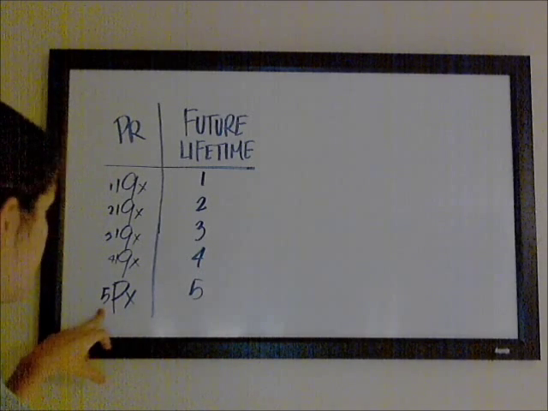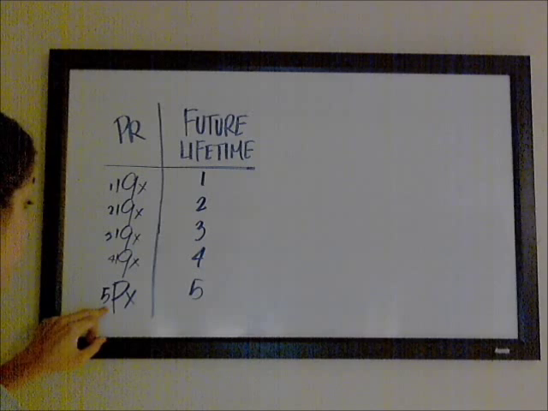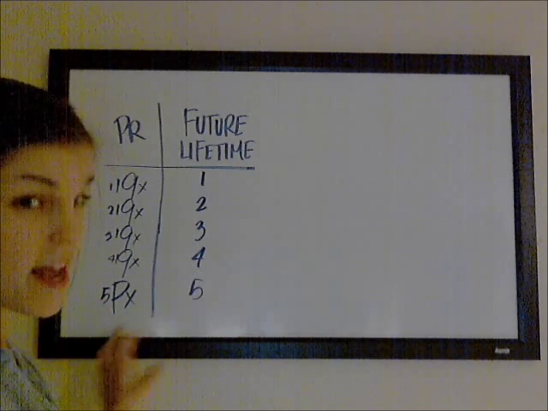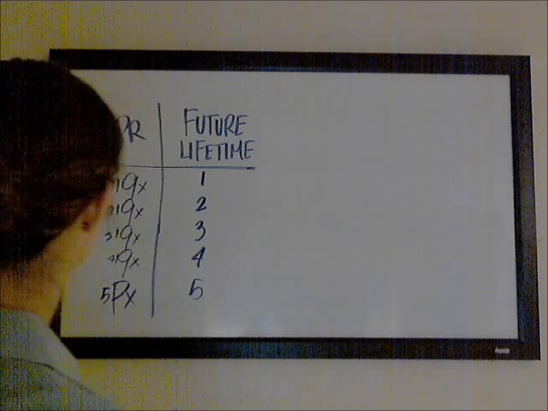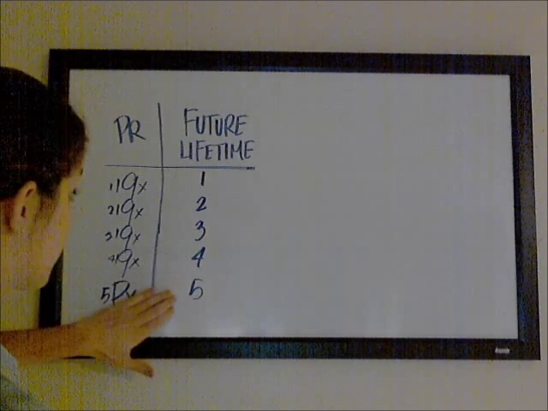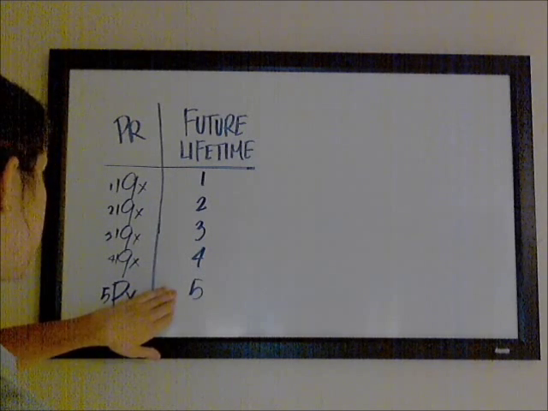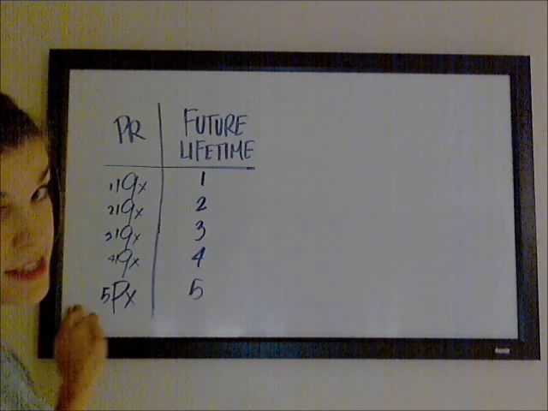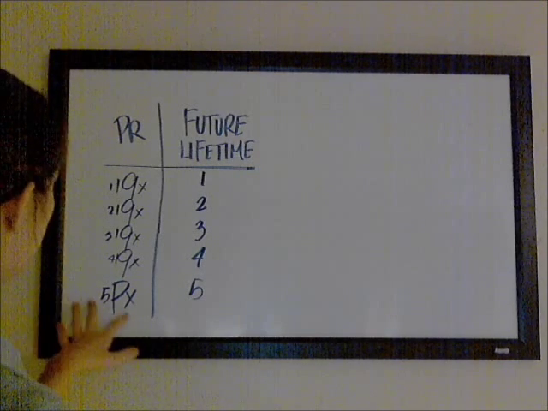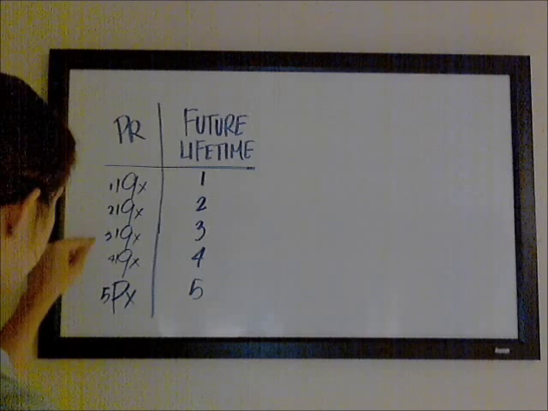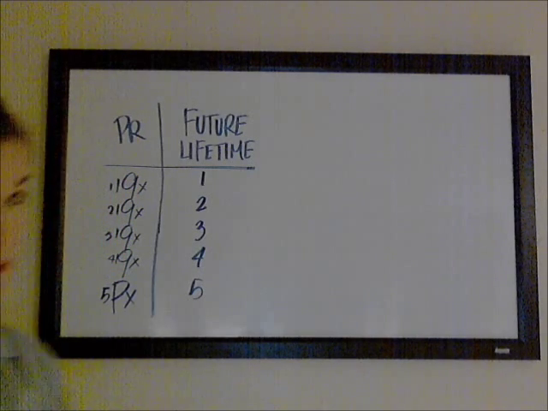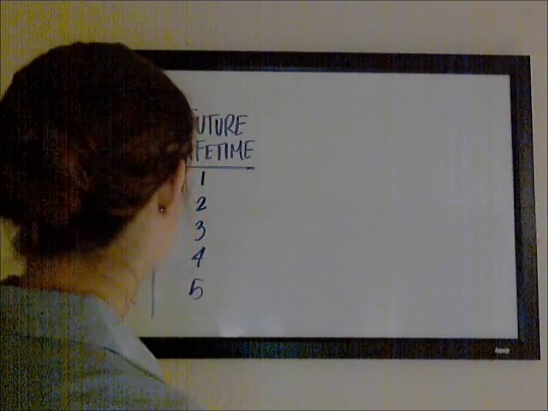So it's going to be the probability that you survive 5 years, 5px. Another way to look at that is, if you understand all of these, you know that these are all the possible values that the future lifetime could take on. All their probabilities need to add up to 1. So this will be 1 minus this, minus this, minus this, minus this. Okay, hopefully that makes sense.